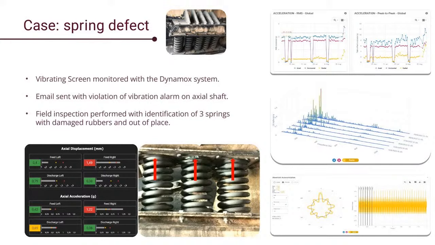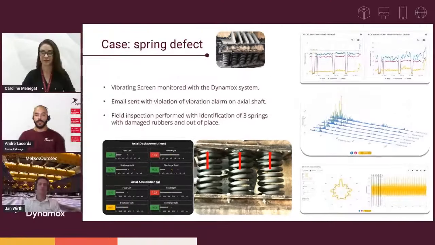So this shows us that we are having an increase in the levels of these indicators, acceleration and acceleration peak to peak, in the whole spectrum band. So this shows us that we are actually having an increased vibration in the axial direction, which is the yellow curve there. This is why we are having these indicators out of range on our dashboard.